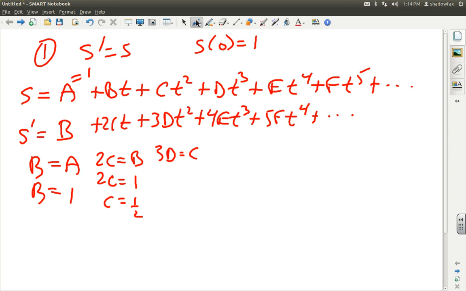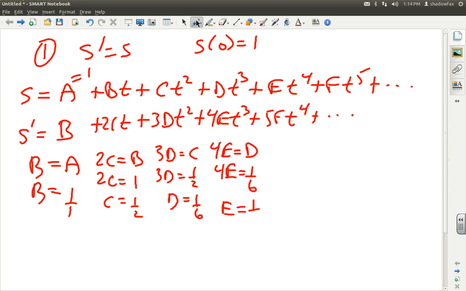The coefficients have to match for the t squared terms. So 3d is a half, so d is a sixth. Let's see. This was over 1, this was over 2, this is over 3. I multiplied the denominator 1 by 2 and I got 2. I multiplied the denominator 2 by 3 and I got 6. 4e equals d, but d is 1/6, and I multiplied the 6 by 4.